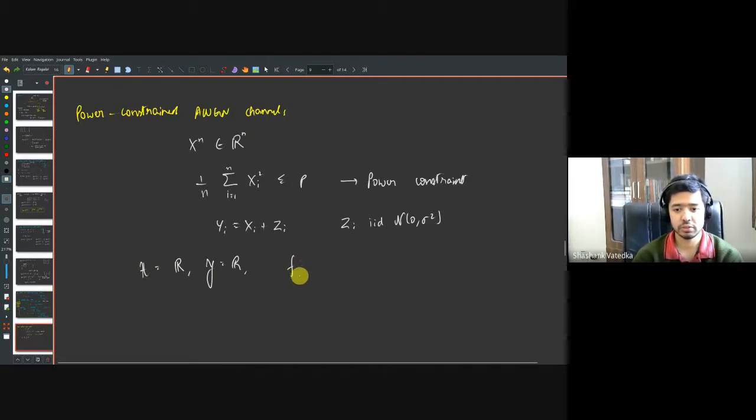So instead you specify using the conditional density function f of y given x, which of course is Gaussian, 1 over square root of 2 pi sigma square times e to the minus (y minus x) the whole square by 2 sigma square.